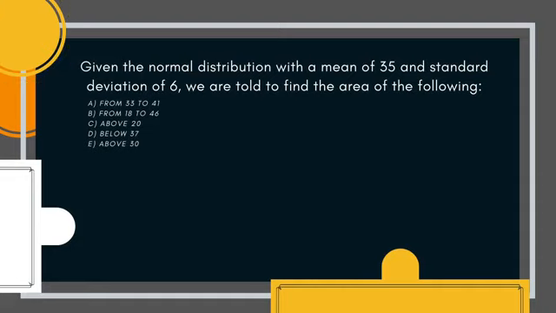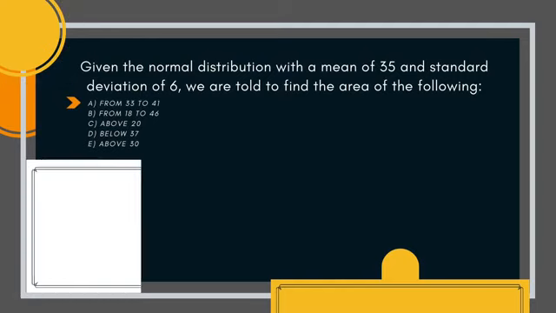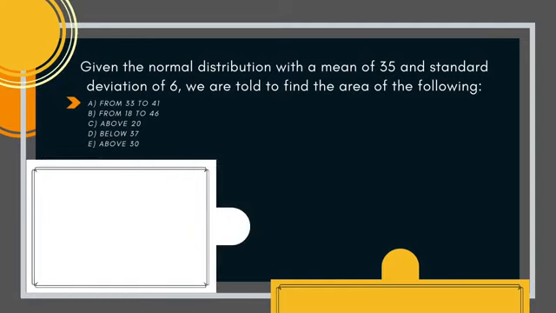So para hindi magulo ang pagsasolve natin, let's solve each problem one at a time. To start things up, we should first write the given terms that we have in order to keep everything organized. Ang sabi sa problem, we already have the value of the mean, which is 35, and also the standard deviation of 6. Now, in this case, we will have to find the z-scores of the two values that were given to us.